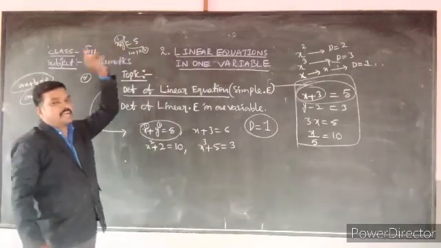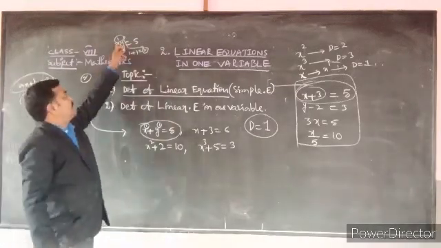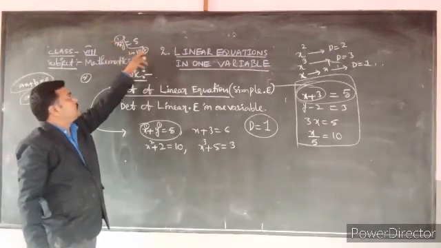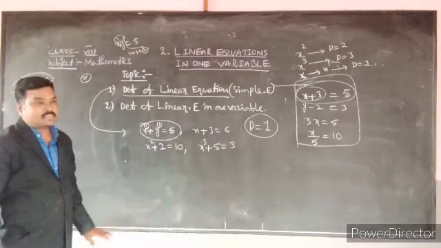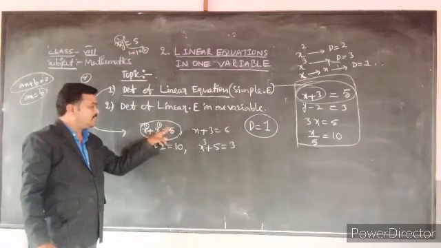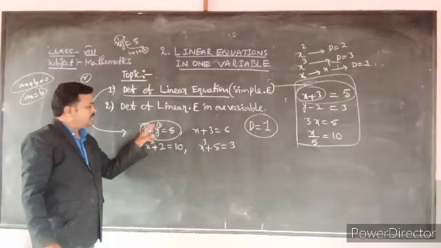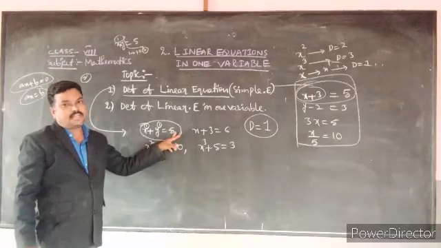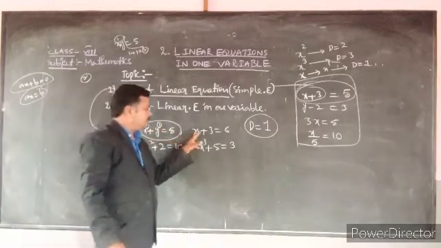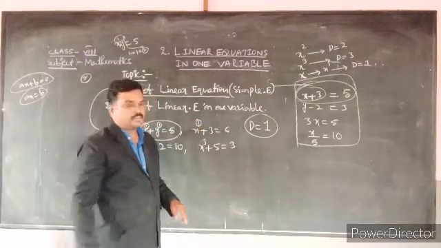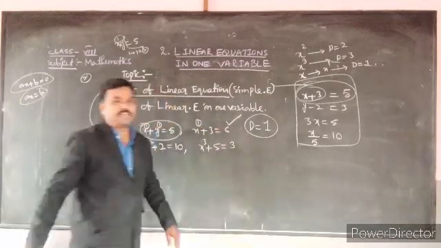Where the multiplication sign is given, we have to add the degrees. So here the highest degree is 2. This is not a linear equation, but x to the power of 1 plus y to the power of 1 is equal to 5. Here the degree is 1 only. So this is an example of a linear equation. x plus 3 is equal to 6. Here the degree is 1. This is also an example of a linear equation.